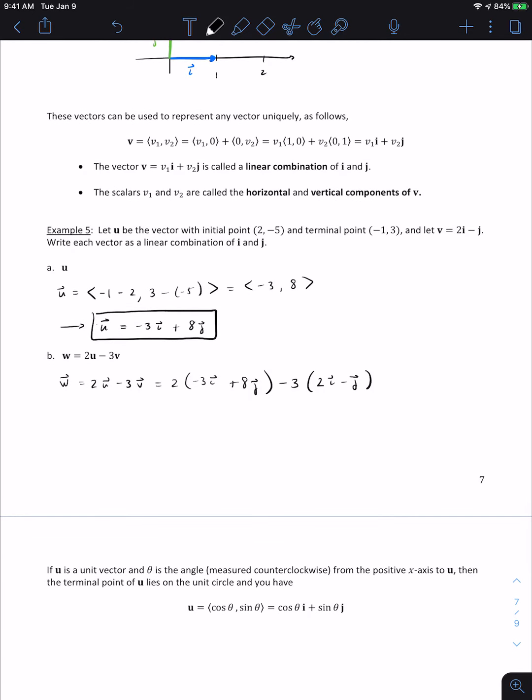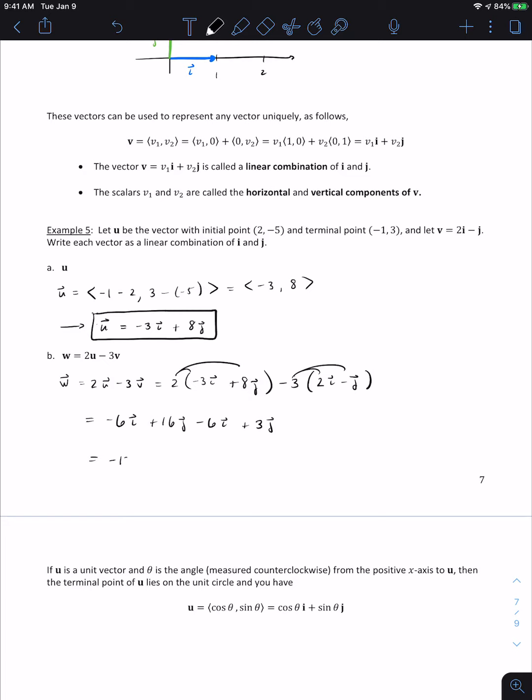Now maybe this is one of the reasons why people like this notation: it's easy to realize that I need to distribute these values to i and j. So here I get -6i plus 16j minus 6i plus 3j, and now I can combine my i's and j's.